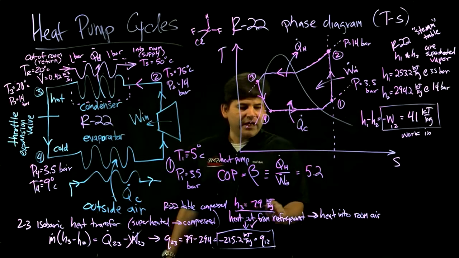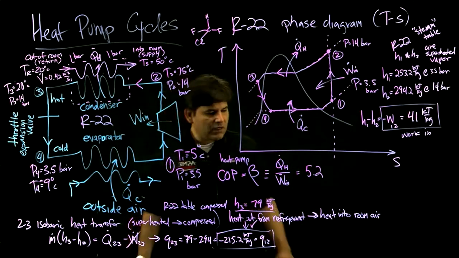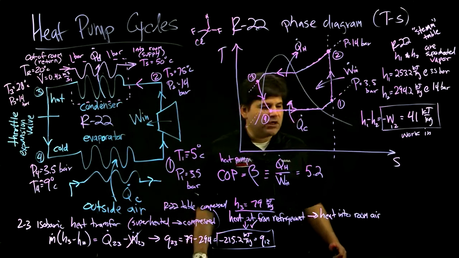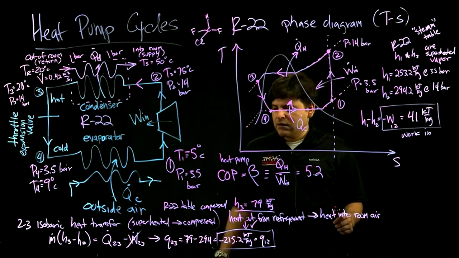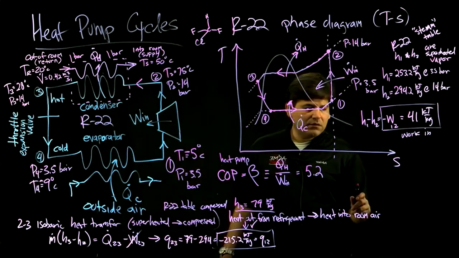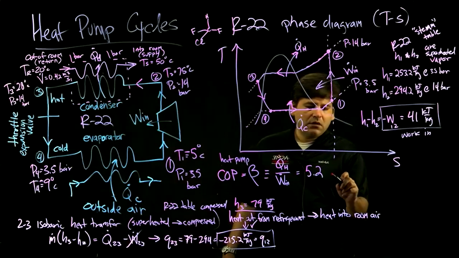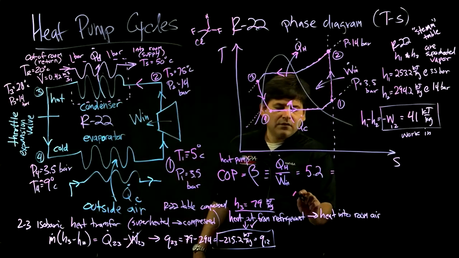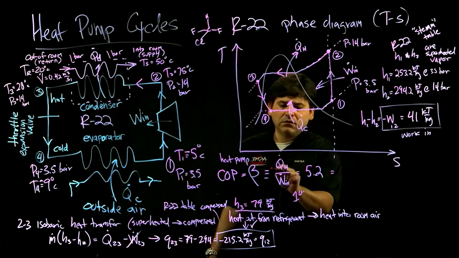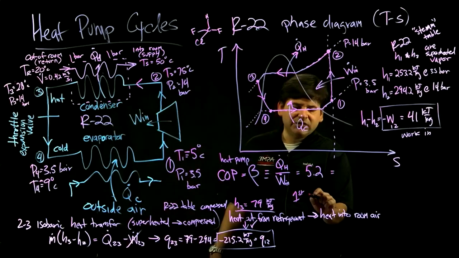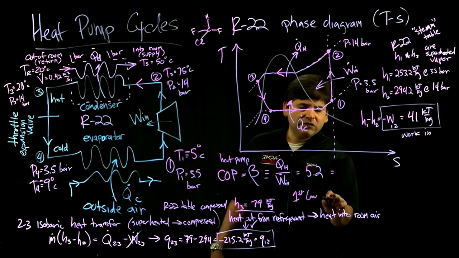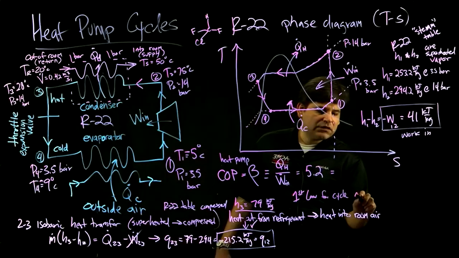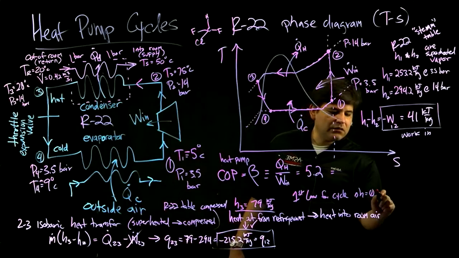So we already have what we need there. But by the first law, you can also express this in terms of the heat transfer. For the first law for a cycle, delta H equals 0.